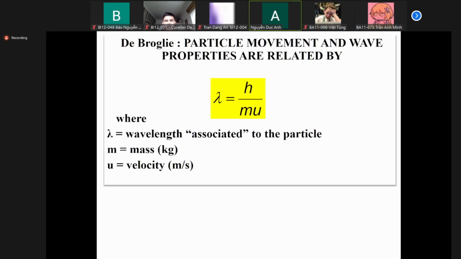From that, the de Broglie equation appears, giving the wavelength associated with particles. So the electron, the nucleus, they have a wavelength too, equal to the Planck constant over the mass of the particle times its velocity in meters per second.